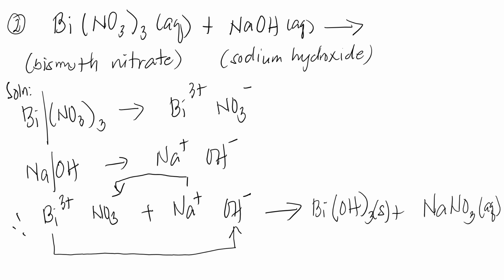So for our product here, take note, I already applied the crisscross method in order to produce the compounds. After doing so, we now have bismuth hydroxide and sodium nitrate.